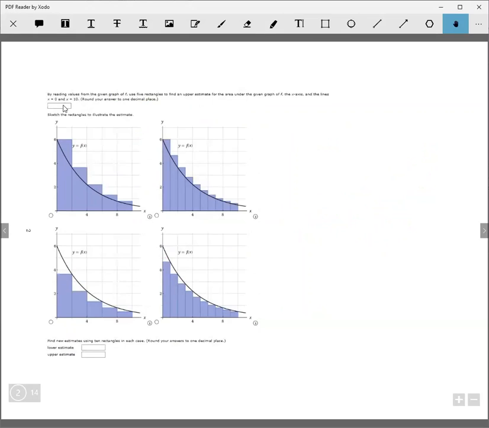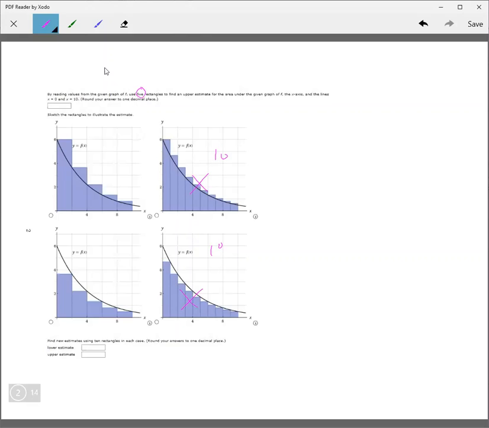Part B, I guess, though it's not really broken into parts. Let's take a look at what they're asking for here. By reading values, again it's 5 rectangles. That means we're going to throw out these because these have 10. And then you want to find an upper estimate, so you're going to go with this one here, and throw that out. You just look at what the values are.